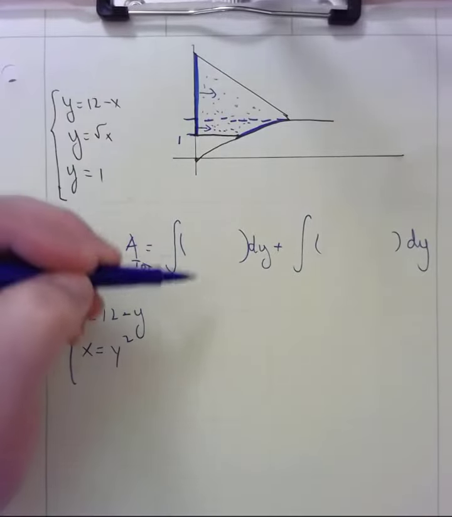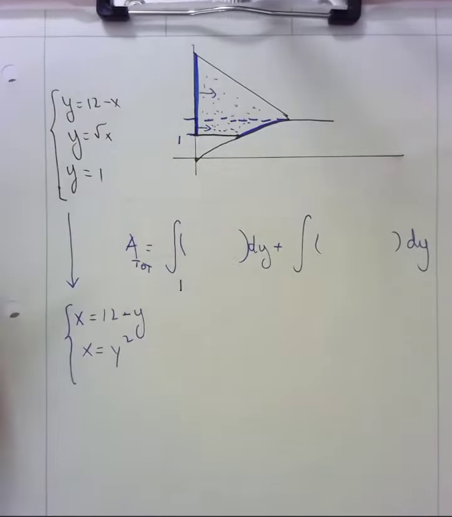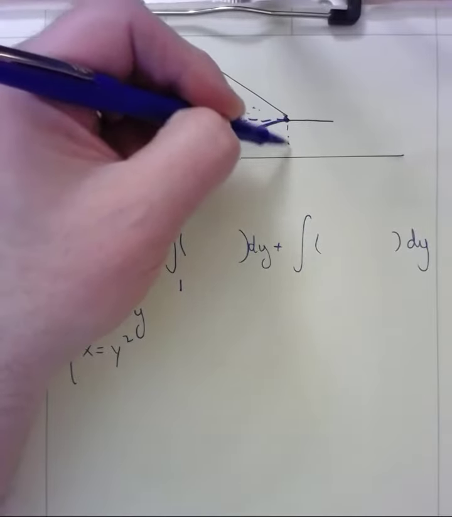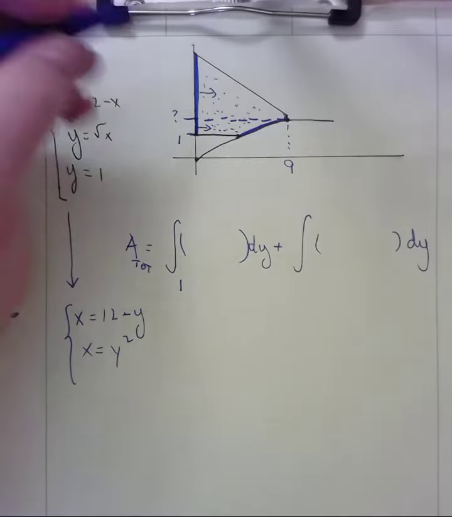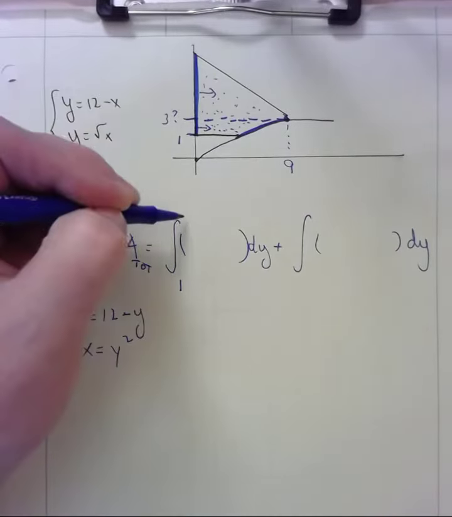Our lower endpoint is 1. Our upper endpoint, well, what the heck was that? Well, if you remember from the other one, that point of intersection between that upper straight line and the square root of x arc was at x equals 9. And since that's the intersection of these two, that comes along with a y value of 3.